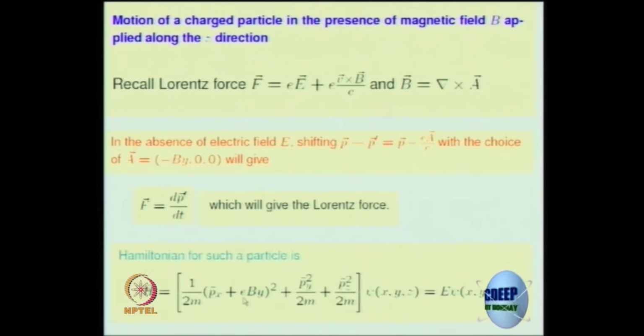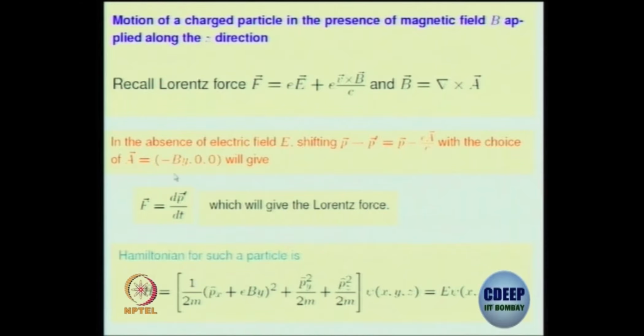Many times what we do is we put m equal to 1, c equal to 1, so maybe I mechanically put it, which is not right. But look at this Hamiltonian. I substituted p prime as p minus eA by c, and for the vector potential, I am choosing the A_x component to be minus B y. So there should be a 1 by c, as he was pointing out. Let's just shift it by putting c equal to 1. So there is a B y shift here on the p_x. Incidentally, is this correct?